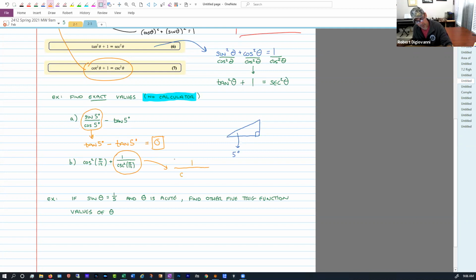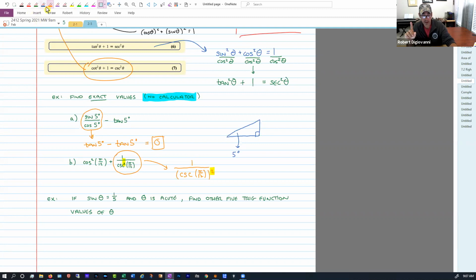What we really mean when you see this notation is cosecant of pi over 12, all of that squared. That little squared here really means you're taking the cosecant of pi over 12, not 2, and you're squaring cosecant of pi over 12. Okay?